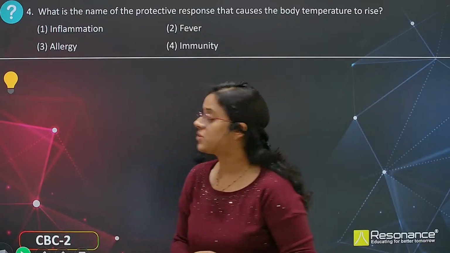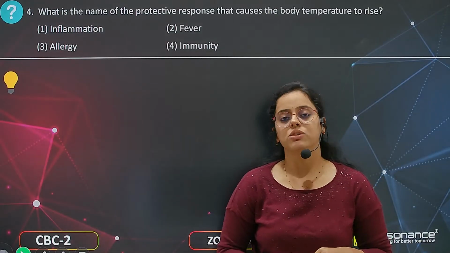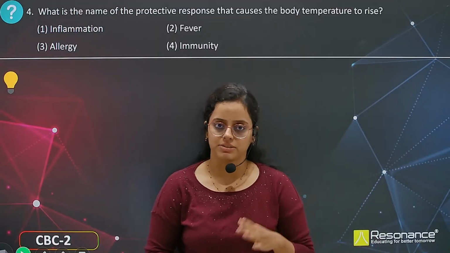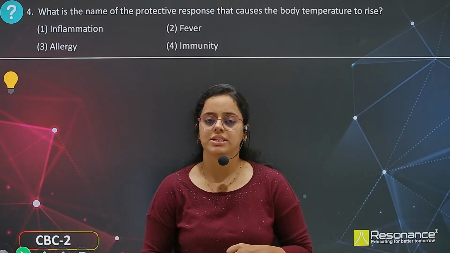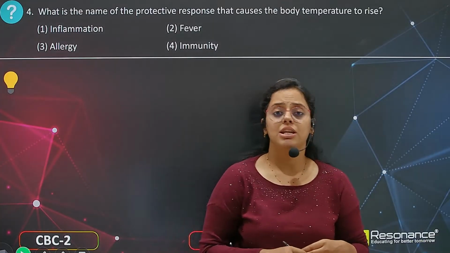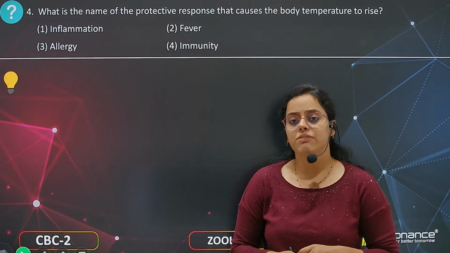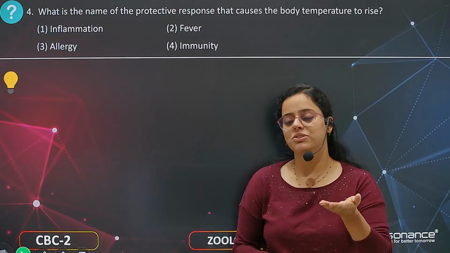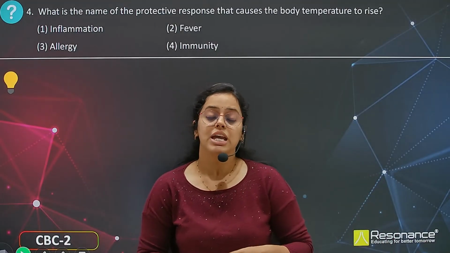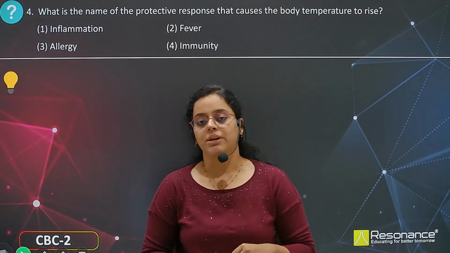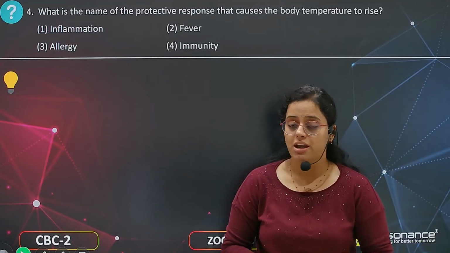Now going to the next question, question number 4. What is the name of the protective response that causes the body temperature to rise? The options are inflammation, fever, allergy or immunity. The normal temperature is near about 98.7 degrees Fahrenheit, not Celsius.